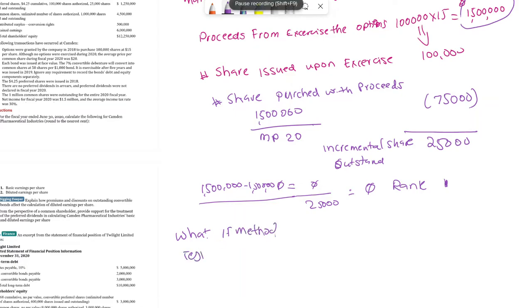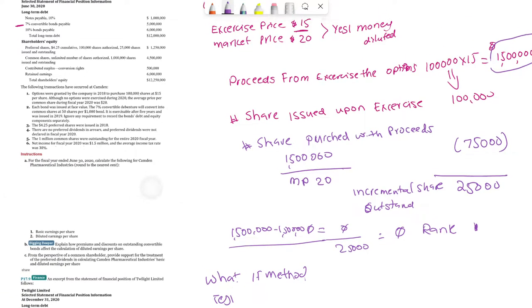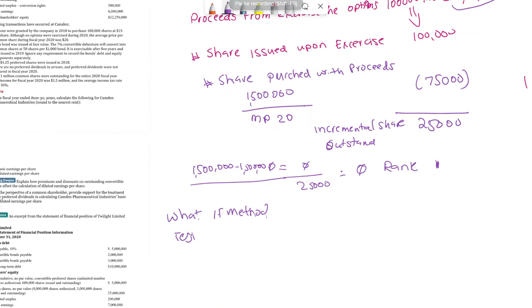When you're testing it, they said each bond was issued at face value, 7% convertible. So what is the value of your bond? The value of your bond is 5 million. In this case, when you're testing it, you have a 5 million bond. What we're doing is we're paying them 7% interest times 1 minus the tax rate, and that was for the full year.